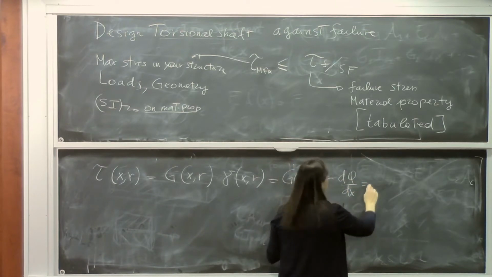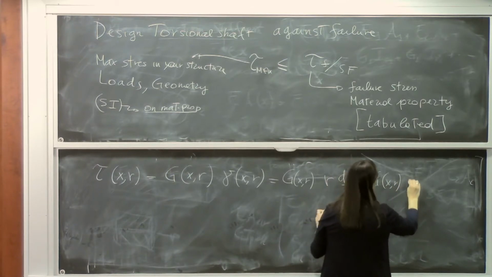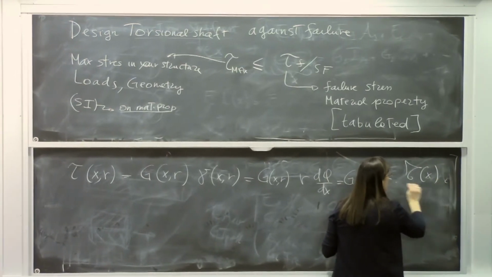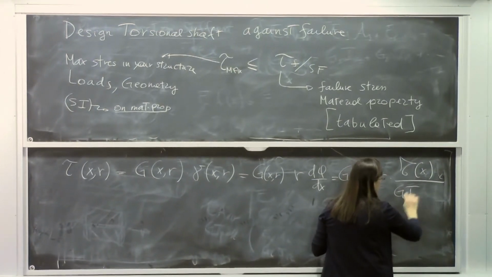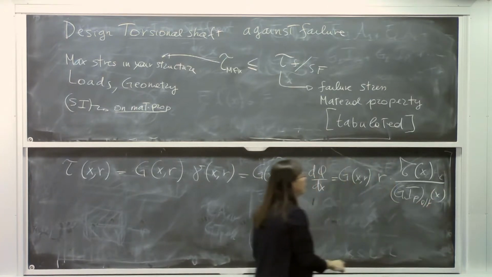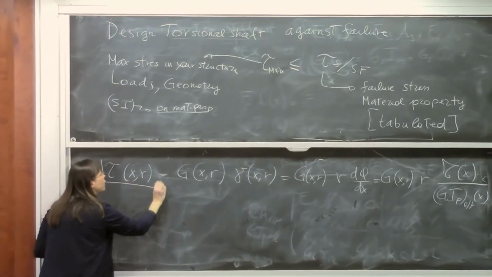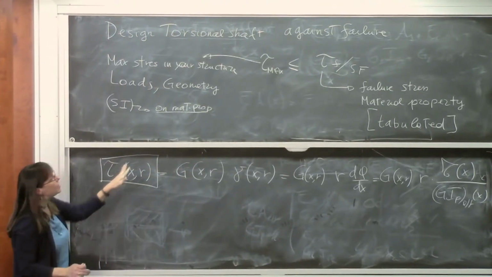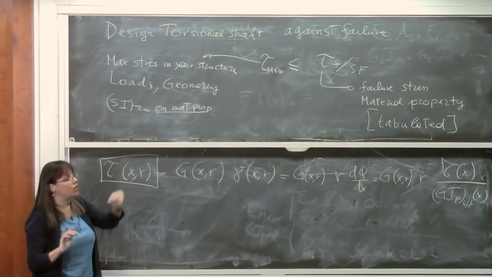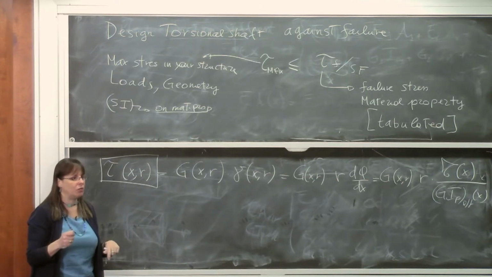And so that's equal to G of x and r times the radius times the torque at that section divided by GIP effective on that section. Okay? So you want the maximum of this to be less than your failure stress divided by some safety factor, 2, whatever. Depends on how safe you want to be.